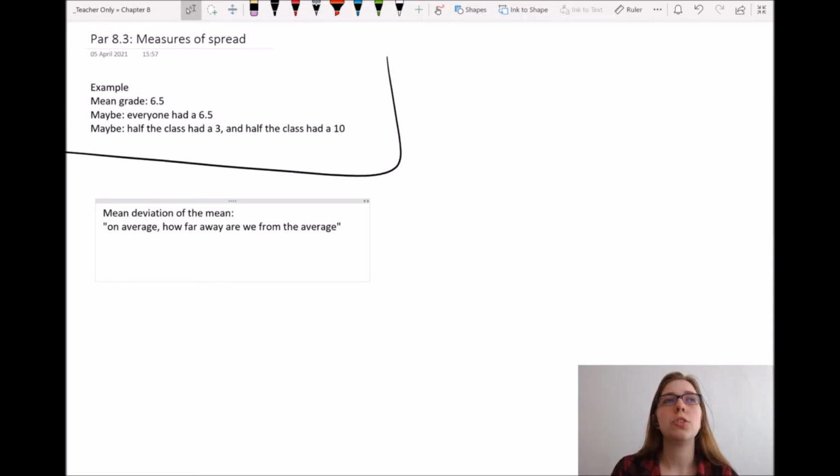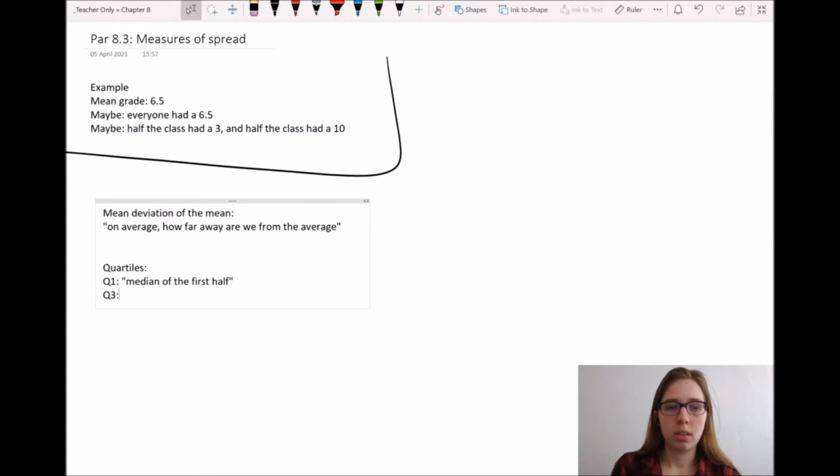And the second one has to do with the median. And to remind you, the median is the middle number if we order everything from lowest to highest. And for the median, we have a look at quartiles. So quartile 1 is kind of the median of the first half, so the middle point of the first half of the data.